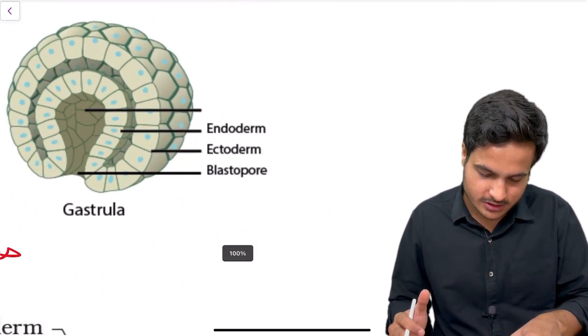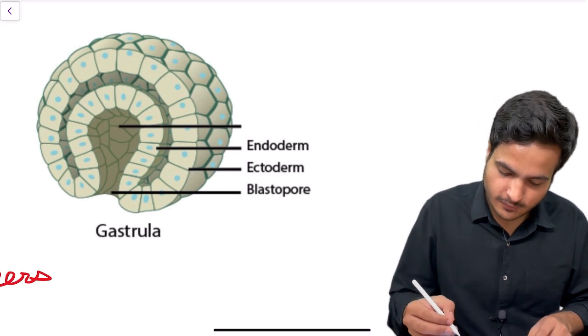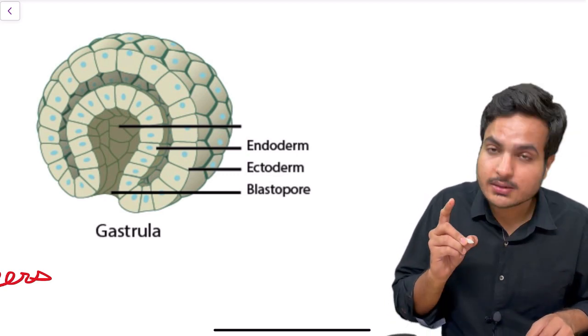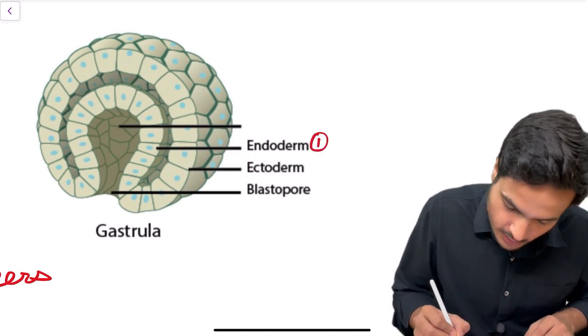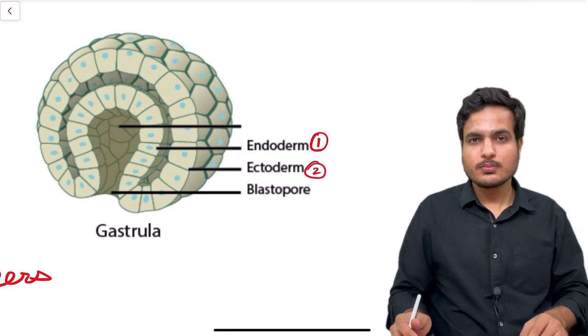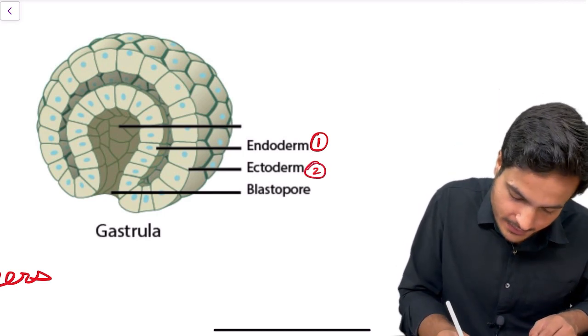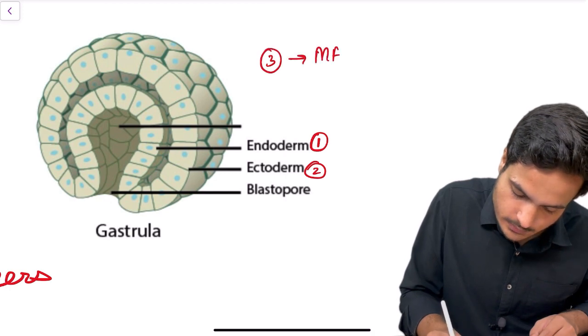And now coming to this final diagram and the most important diagram, what happens is the formation of 3 germ layers, out of which 2 have been mentioned. The inner one is called endoderm and the outer one is called ectoderm. And soon after we have a middle layer which is called mesoderm.